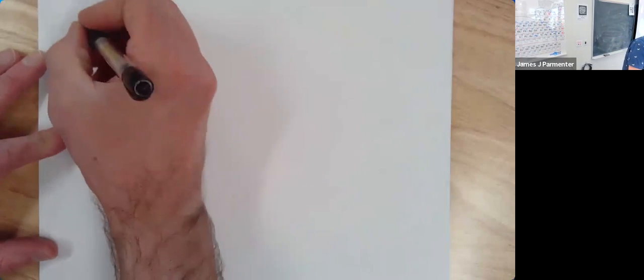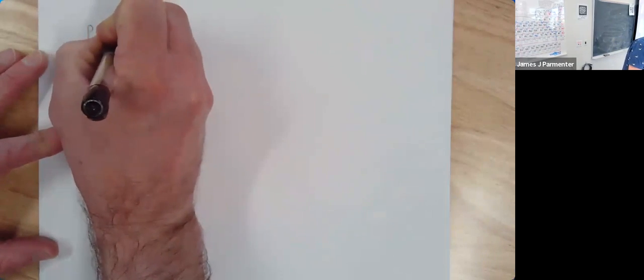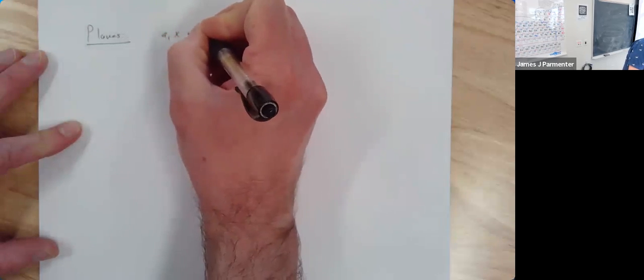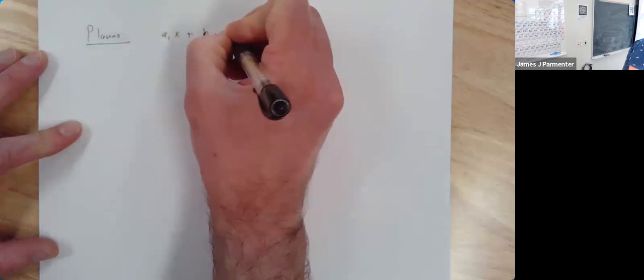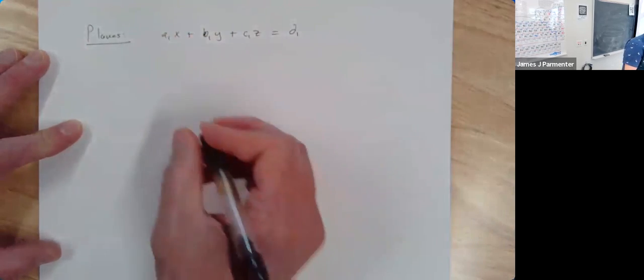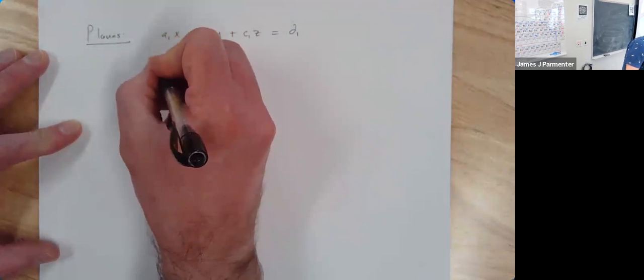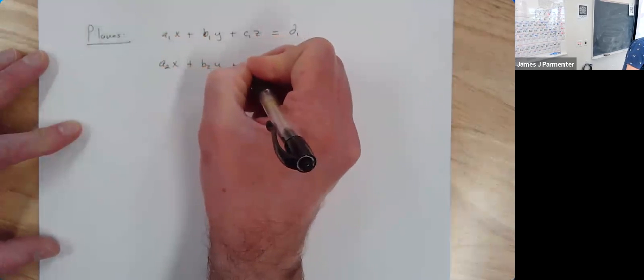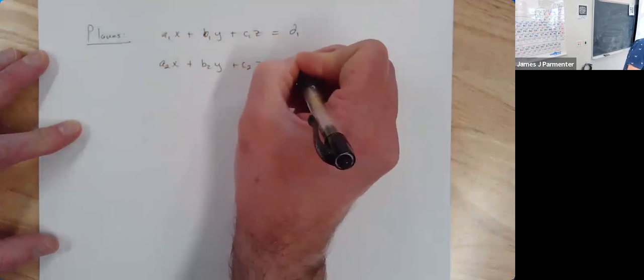But I will just point out that yes, if you have planes, here are two planes. Something times x plus something times y plus a constant times z equals some constant. And then the other plane, same deal, except now I'm using a2 times x, b2 times y, c2 times z equals some other constant.